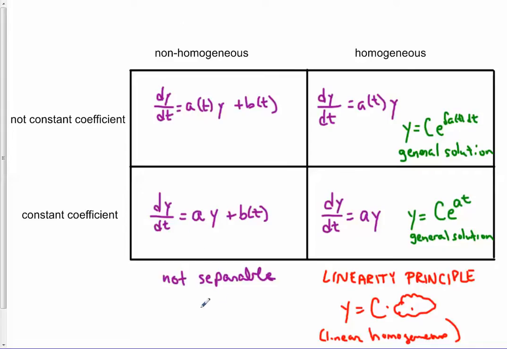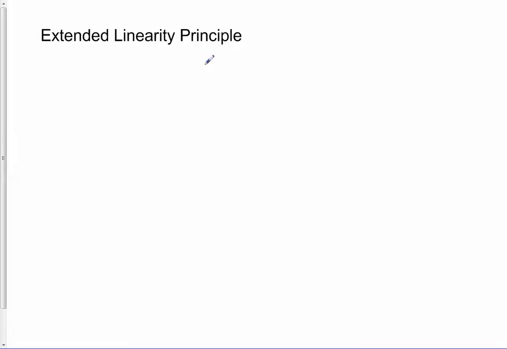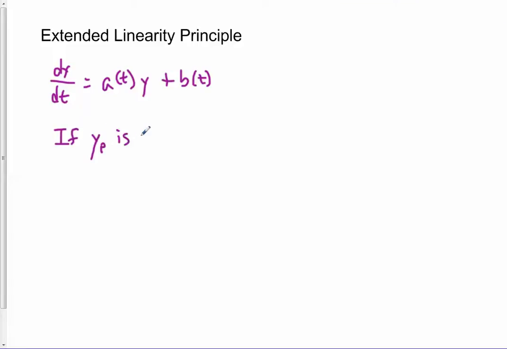And it's a little bit harder to describe, and so I'm going to do it on its own page. So if you have a linear differential equation, and it doesn't have to be constant coefficient, let's say you found one solution. I'm going to call it yp. It's one particular solution.